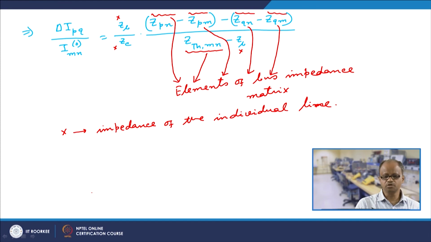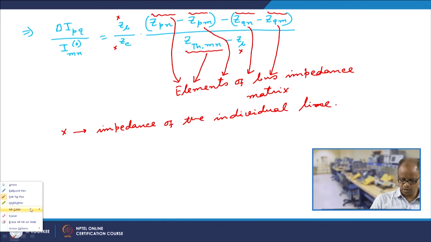So, we now need to connect this expression with the expression of the power. To do that, we have to again take recourse to our basic assumptions of the DC load flow.